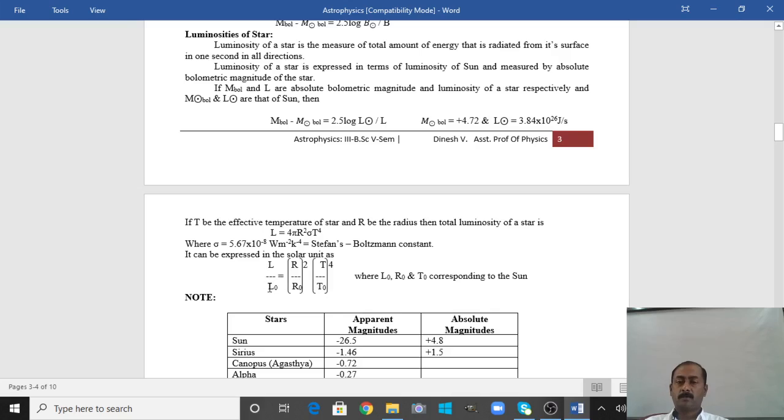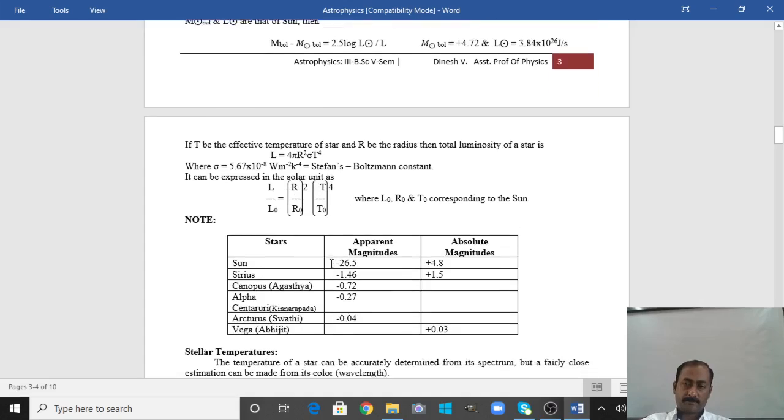Therefore, the luminosity ratio of star to sun is L by L naught equals R by R naught whole square into T by T naught whole to the power of 4. This is the luminosity relation expressed in solar units.